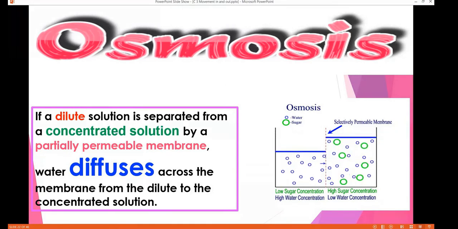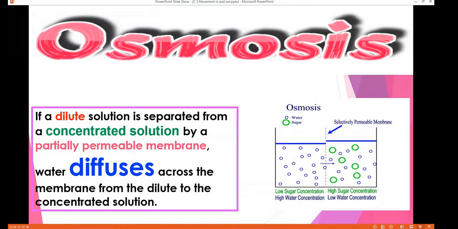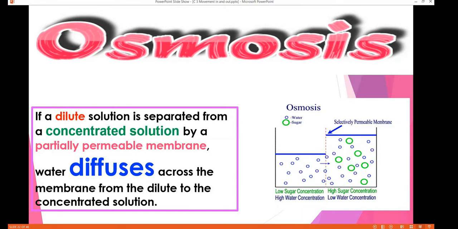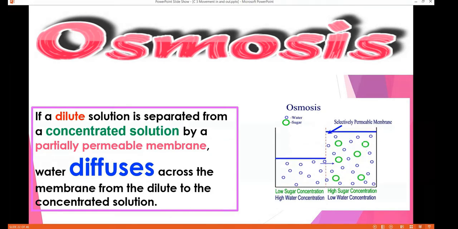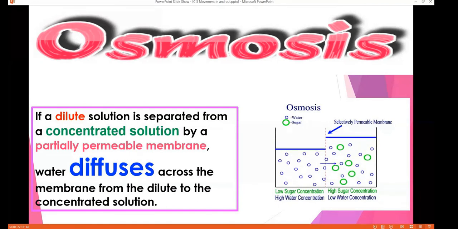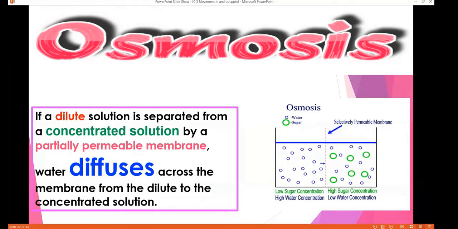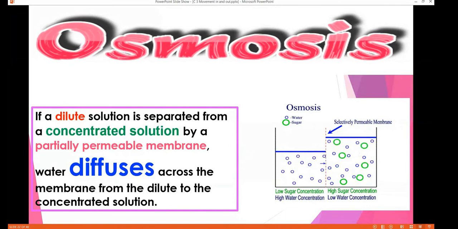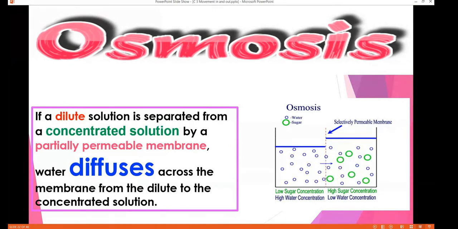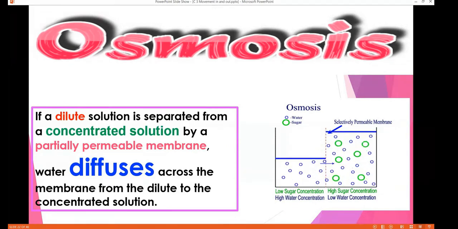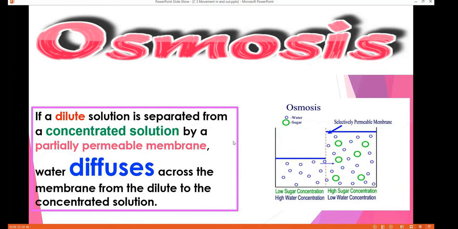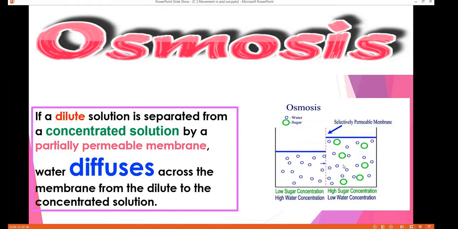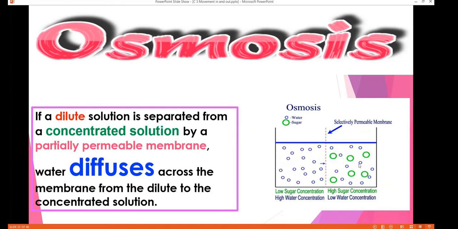Yeah, can someone please explain what's going on in here in the simulation? Because the water molecules of higher concentration are moving to the low concentrated area to equilibrium it. Very good. So that is why you see the water level coming down, because on the left side it is a dilute solution where the water concentration is high compared to the right side wherein you can see the sugar concentration.